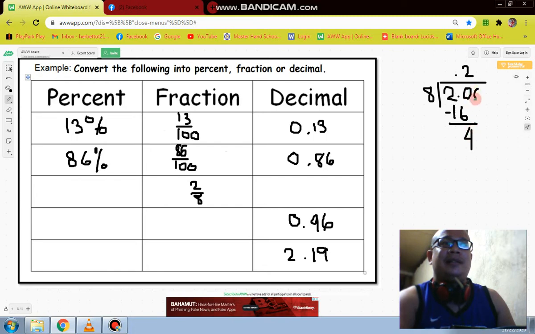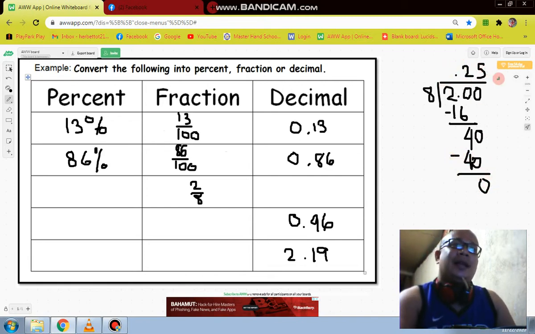Just add another 0 and bring it down. 40 divided by 8 is 5. 5 times 8 is 40. Subtract 40 minus 40, which is 0. So the answer is 0.25, or 25 hundredths.